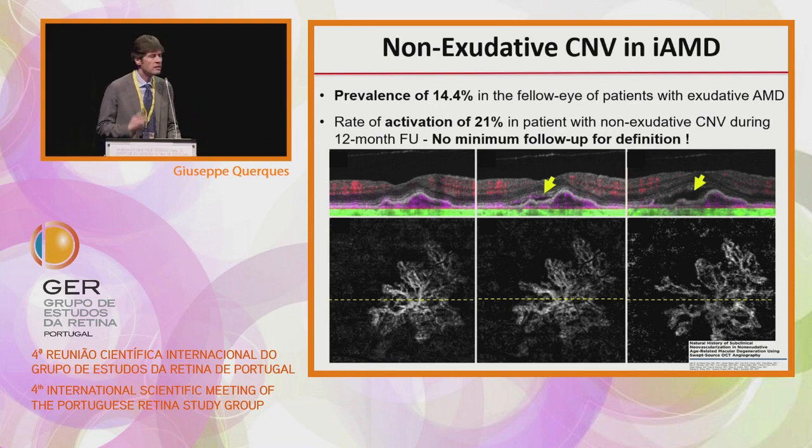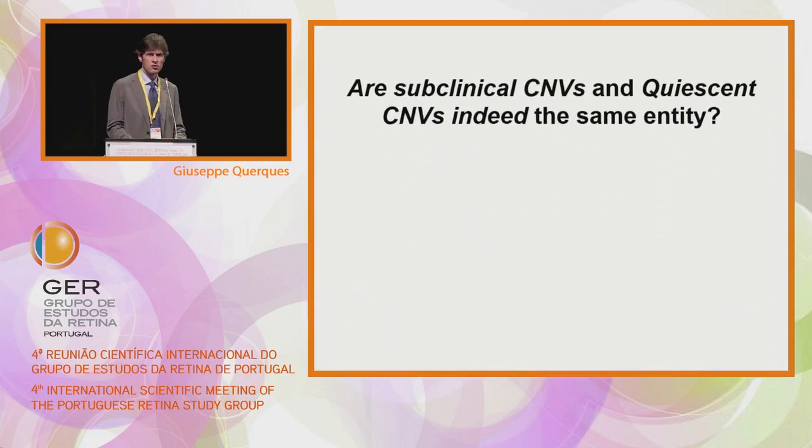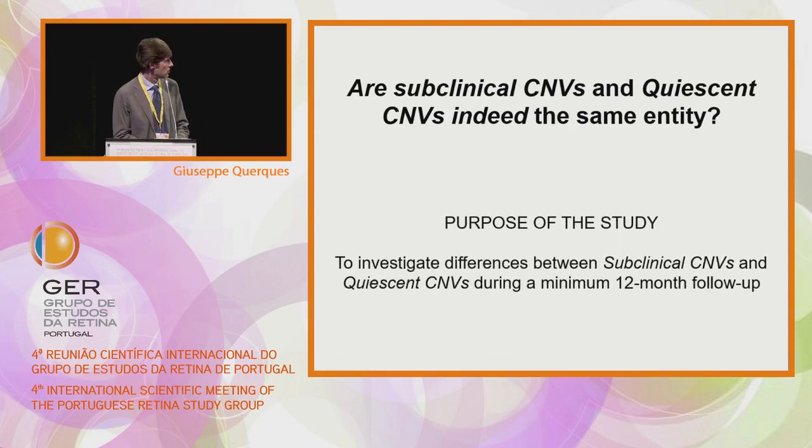This is our hypothesis, and this is also the reason why we tried to better understand if there are differences between simple inactive, non-exudative type 1 neovascularization and real quiescent neovascularization.